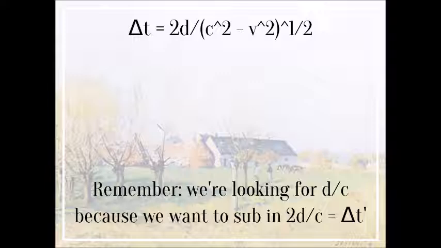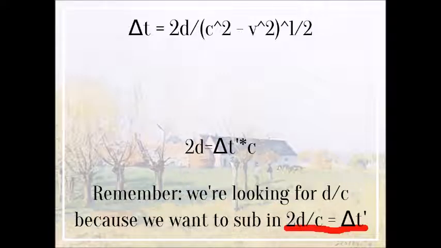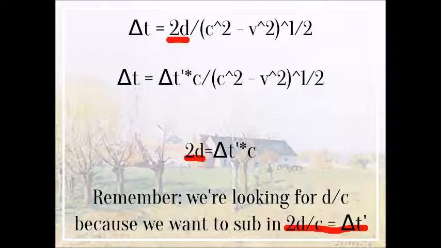At this point, the audience may be wondering, well, how come we don't just take the 2d divided by c equals delta t prime and then just move the c over to the other side of the equation? That leaves us with a 2d component that we can sub in our delta t equation, thus giving us a delta t and a delta t prime all in the same equation.